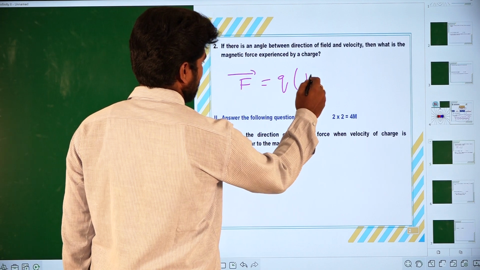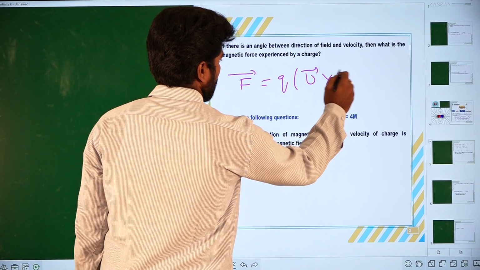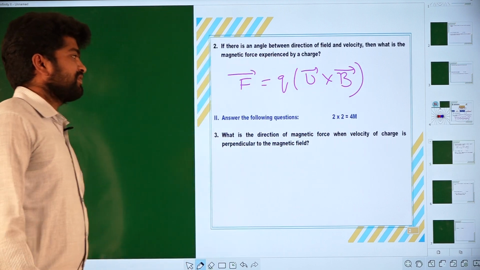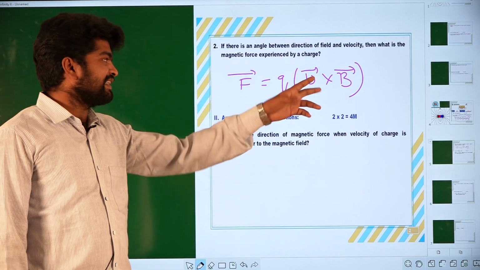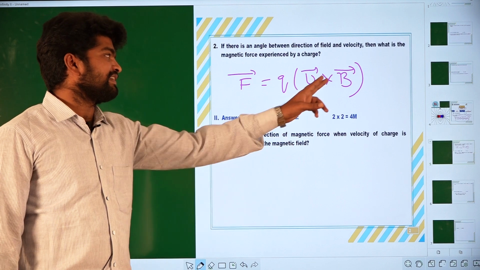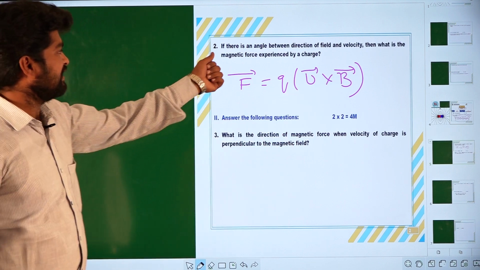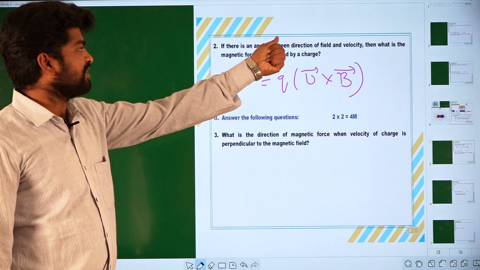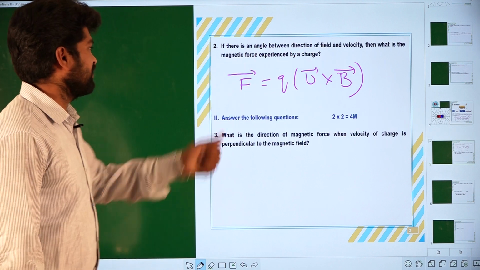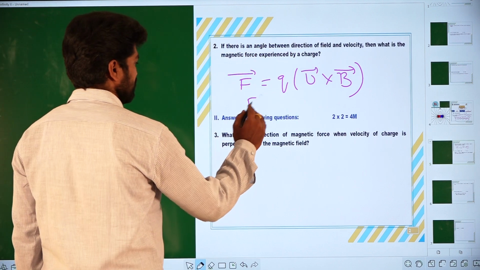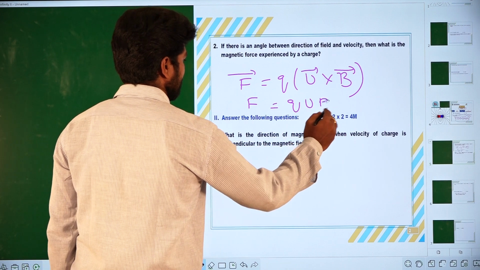Then we can also write this as QVB sin theta, where theta is the angle between velocity and magnetic field. So if there is an angle between the direction of field and velocity, the formula for magnetic force is F is equal to QVB sin theta.